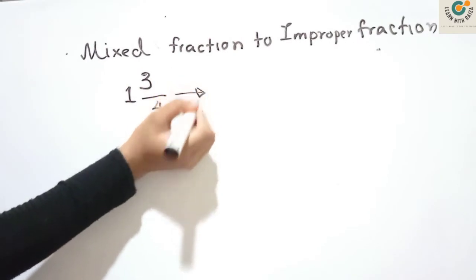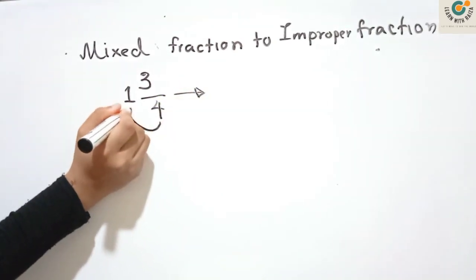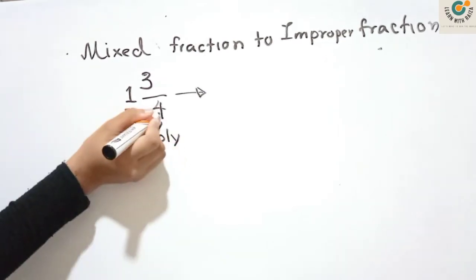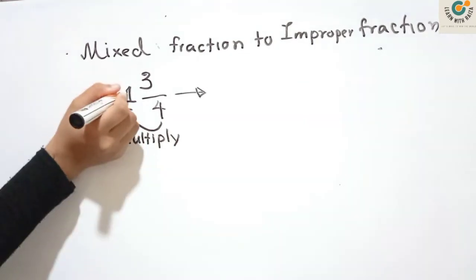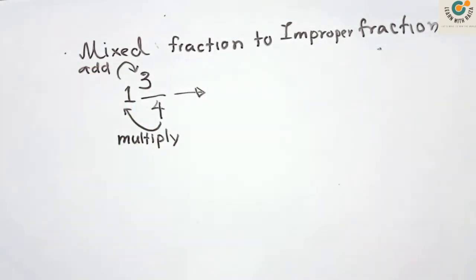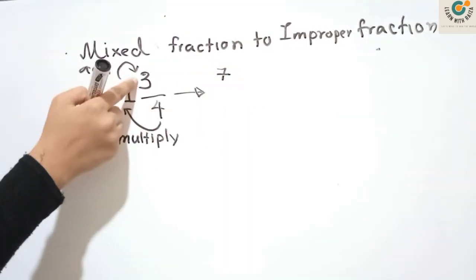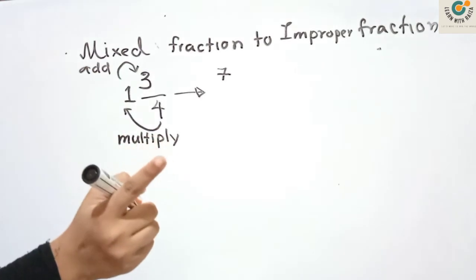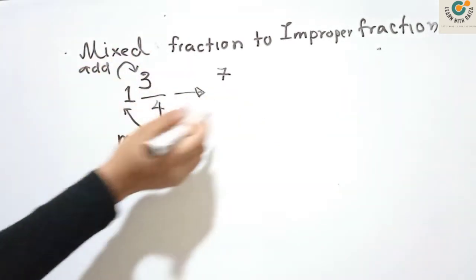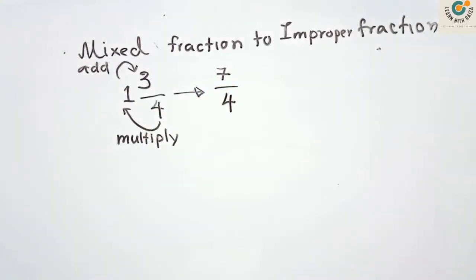What you have to do is multiply the denominator with the whole number. 4 times 1 is 4, and then you add the 3. 4 plus 3 gives you the numerator 7. As I told you earlier, the denominator doesn't change between mixed and improper fractions. Now you have the improper fraction.